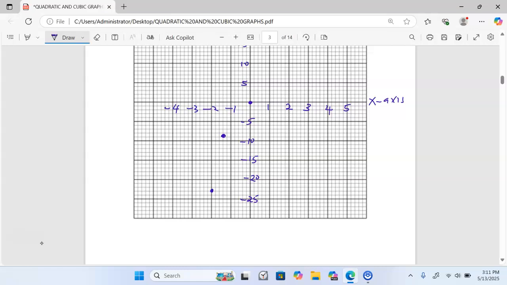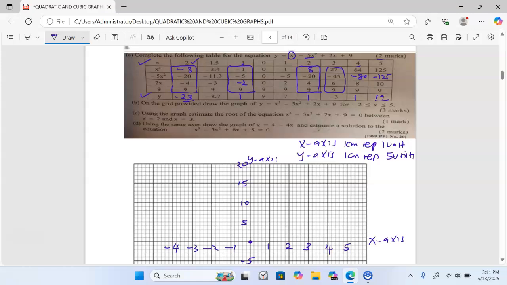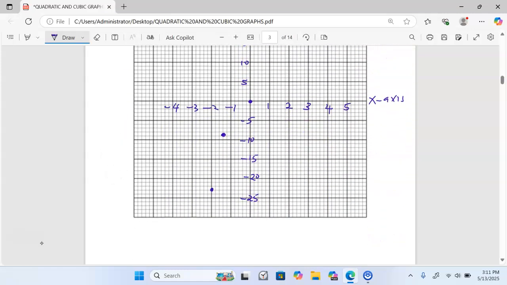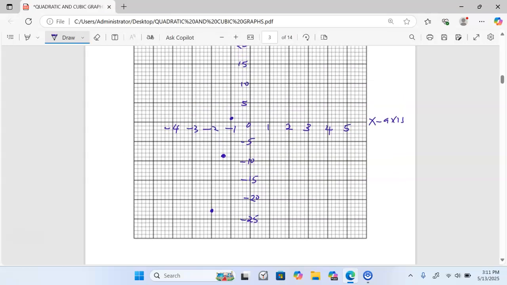And when x is -1, y is +1. When x is -1, y is +1 at this point here. And when x is 0, this is our origin here.